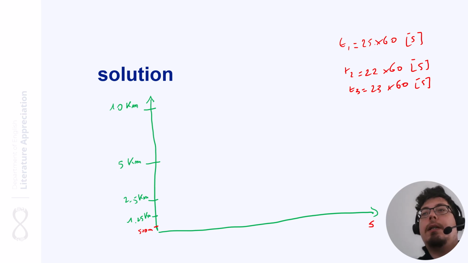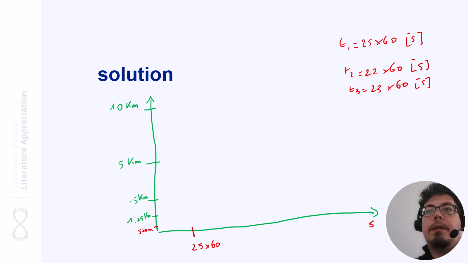The velocity graph in the first interval is 25 per 60 seconds.